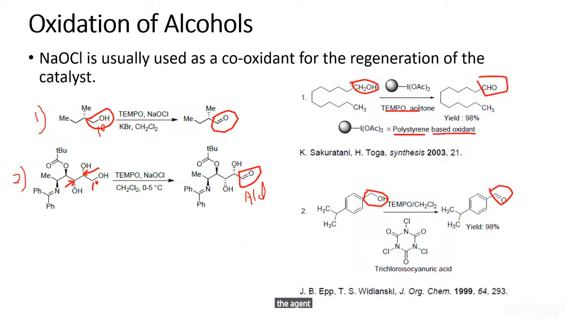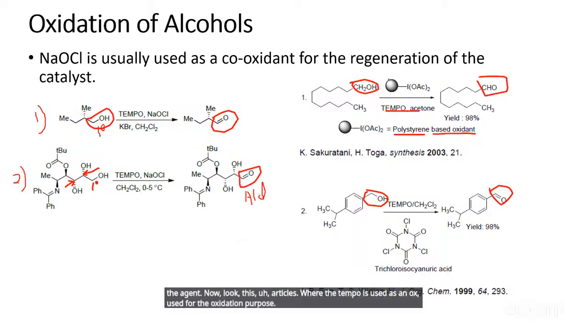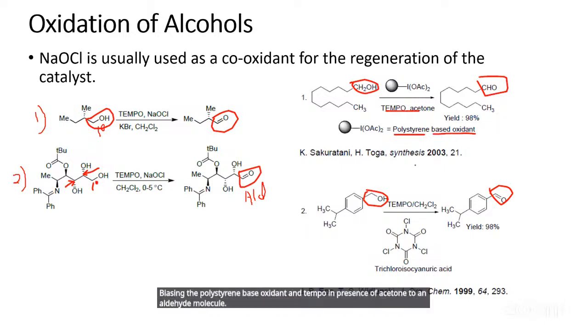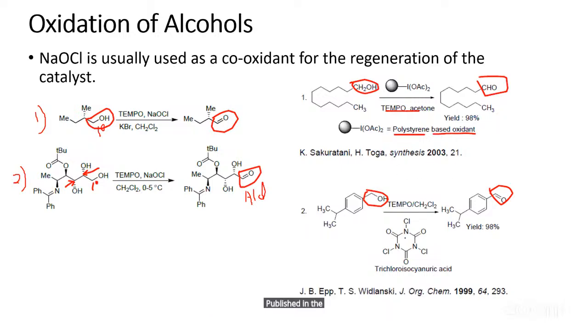Now look at these articles where TEMPO is used for oxidation purposes. This is a long chain cyclic molecule. Primary alcohol is oxidized using a polystyrene-based oxidant and TEMPO in the presence of acetone to an aldehyde molecule, published in Synthesis 2003.